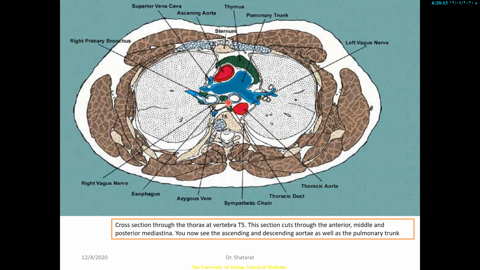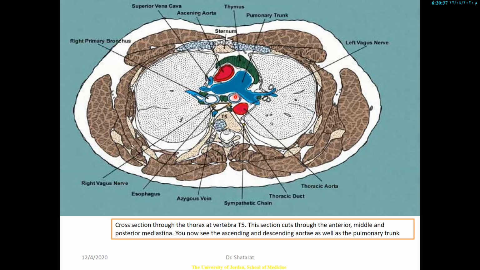Now, here we have something anterior. It is, of course, the ascending aorta. Next to it is the pulmonary trunk dividing into right and left pulmonary arteries. Don't you ever forget, this is the right side and this is the left side.